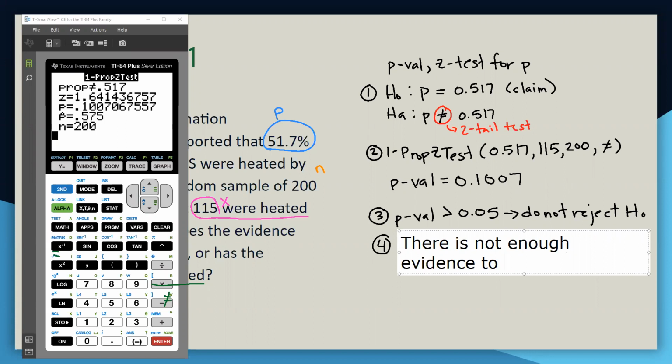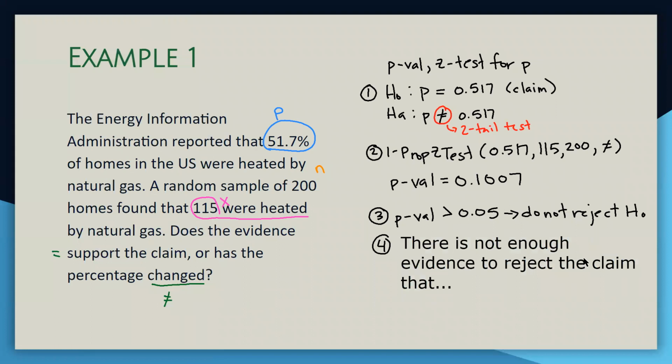When our claim is the null, we talk about reject. So there is not enough evidence to reject the claim that, and then you fill in the rest of that sentence frame with information from the problem. We go back and look, and our claim is that 51.7% of homes in the US are heated by natural gas.